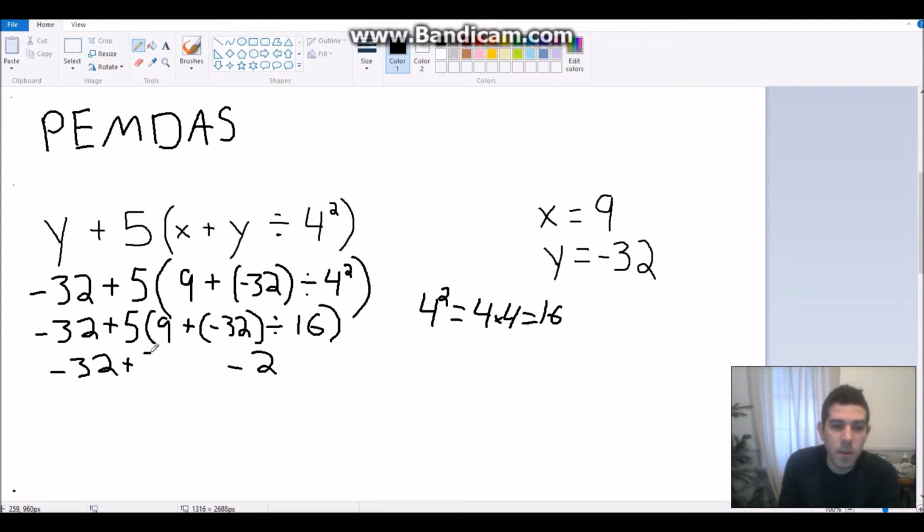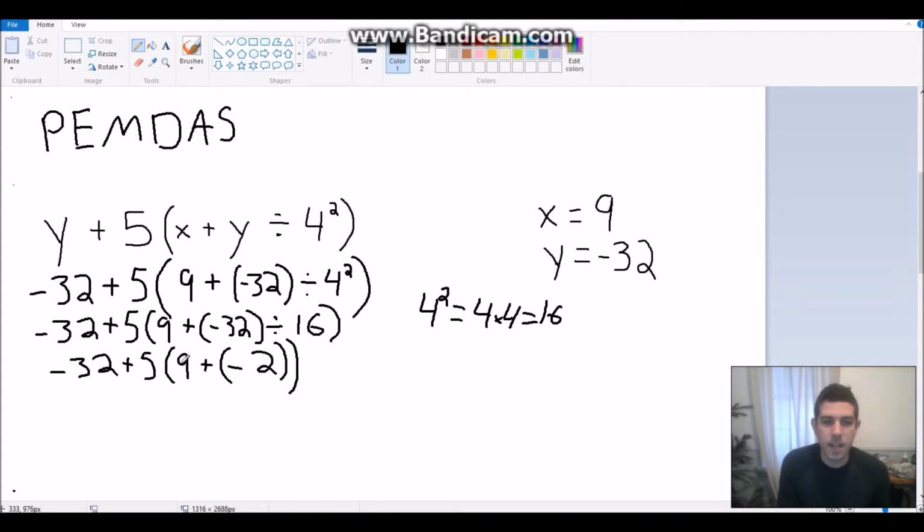I like to rewrite my problem each time so that I know what step is next and I don't lose any numbers. Alright, so I'm putting parentheses around the negative 2 just to separate it from the addition sign. Negative 32 plus 5, parentheses means multiply, 9 plus negative 2. Oh, forgot this last bit in parentheses.